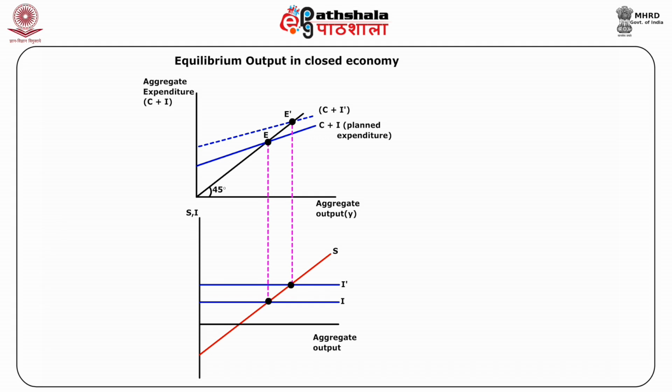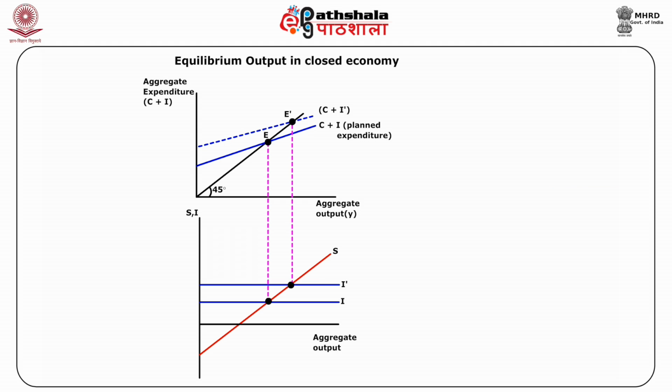The diagram also helps us to understand the adjustment mechanism. Any deviation from the equilibrium level will create disequilibrium and hence calls for adjustment. If for any reason there is a change in planned investment, it will shift the equilibrium point.